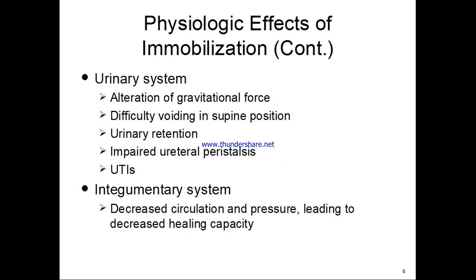Peristalsis is the smooth muscle movement, and we're talking about the ureters. If the smooth muscle movement of urine from the kidneys through the ureters to the bladder is impaired, they can have a backup in the kidney that's called hydronephrosis. And urinary tract infection, of course.